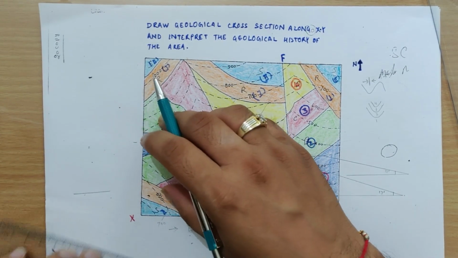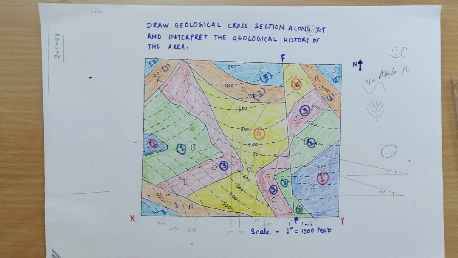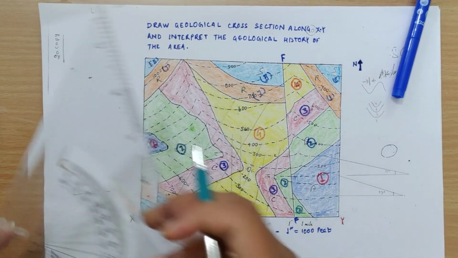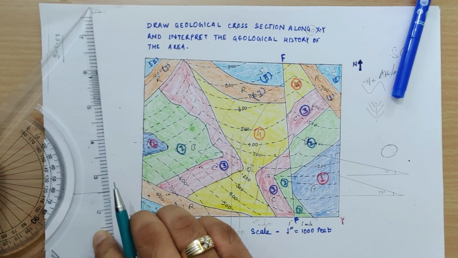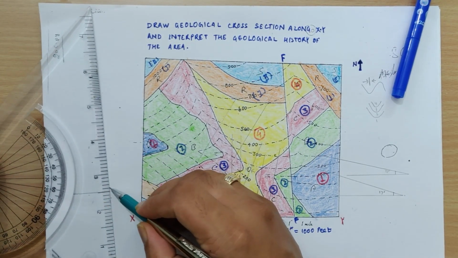Once we have drawn this HE, now we can draw 0.1 inch over HE to know the CI. So this 0.1 is in fact CI.